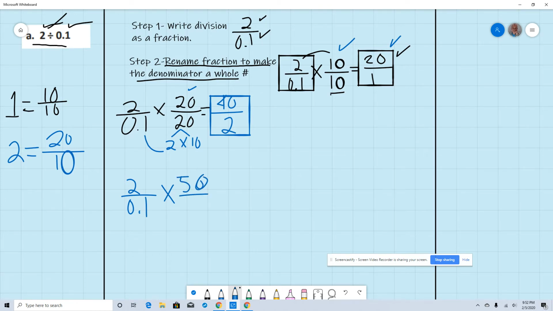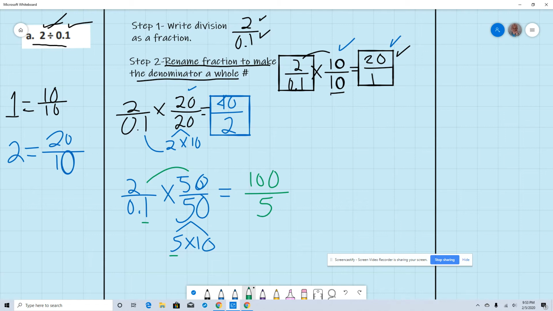Remember again that this is 5 times 10, so that's helpful to know what we're doing. So 2 times 50 equals 100. And 1/10 times 5 equals 5/10. 5/10 times 10 equals 5.